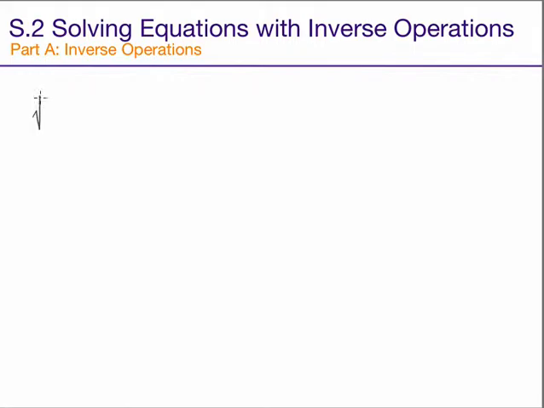Remember that the square root of a number squared is equal to the number, and also that the square root of a number, all squared, was equal to that number. If I'm given the equation, the square root of x equals 4, I don't want to know the value of the square root of x. I want to know the value of x.